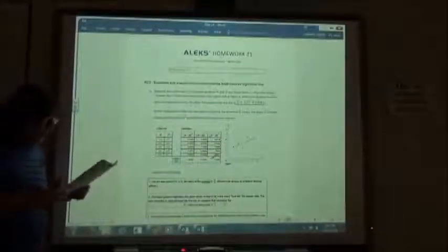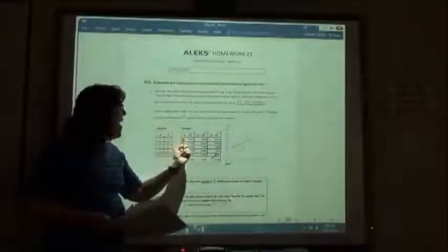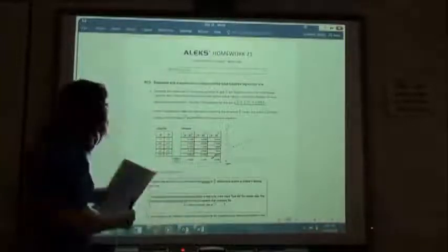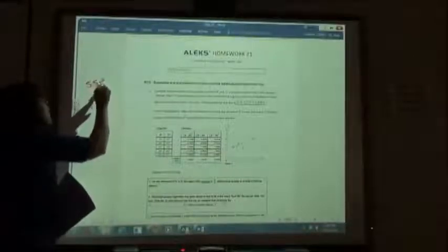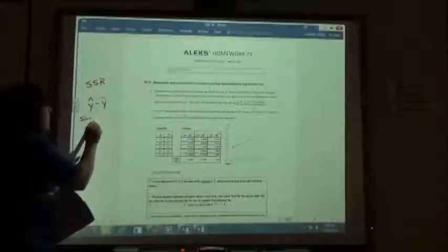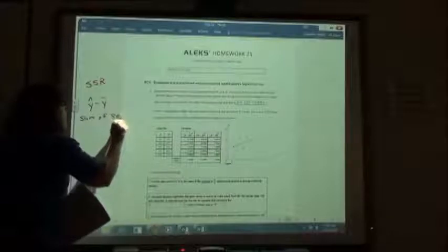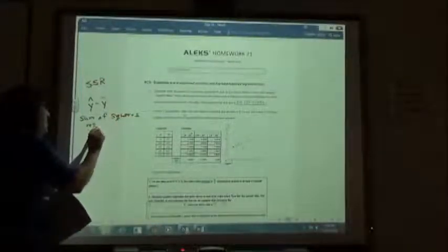So the first one, when you have y hat minus the mean of y, is the sum of the squares regression line. They call it SSR, sum of squares regression.